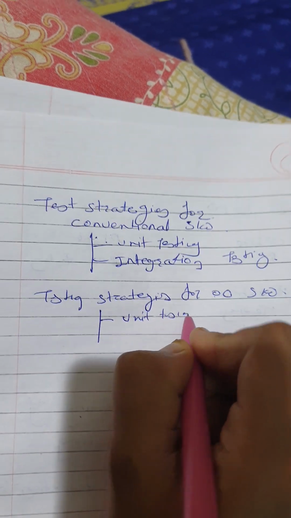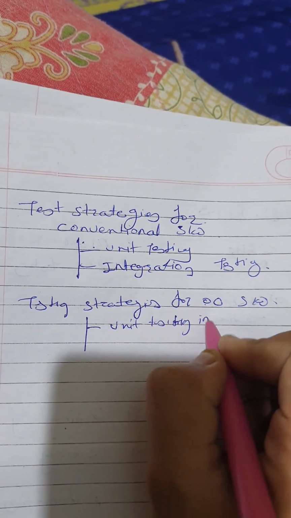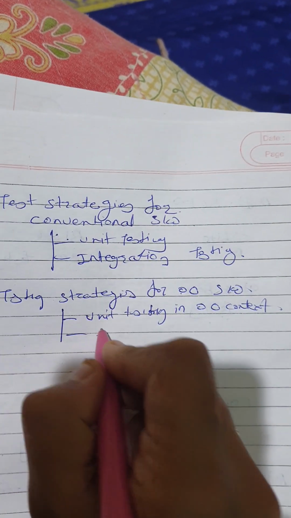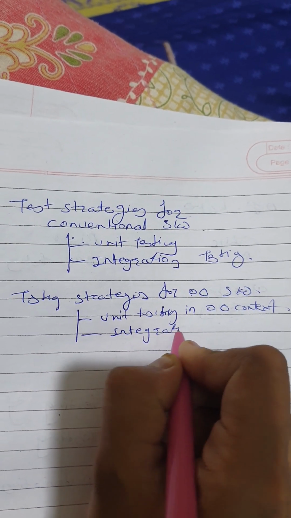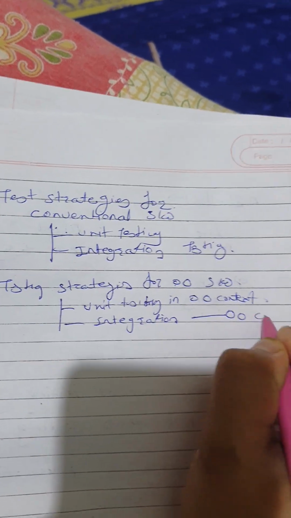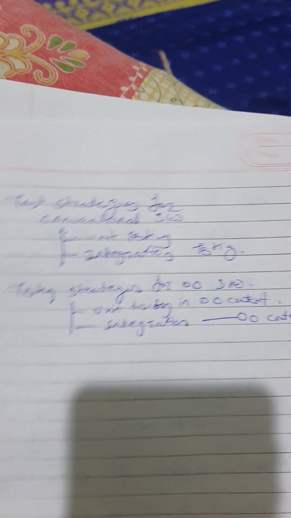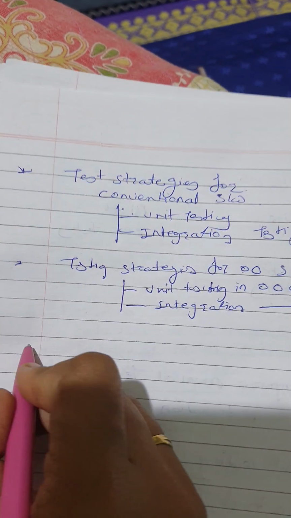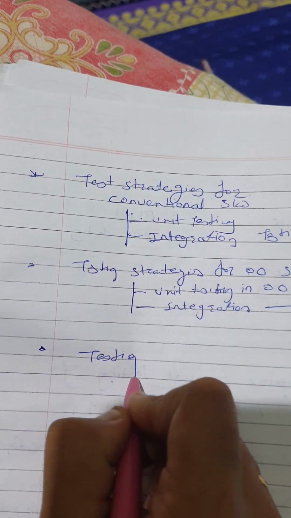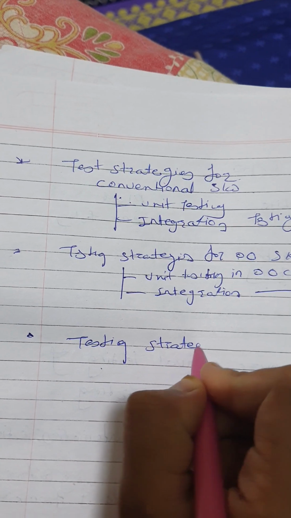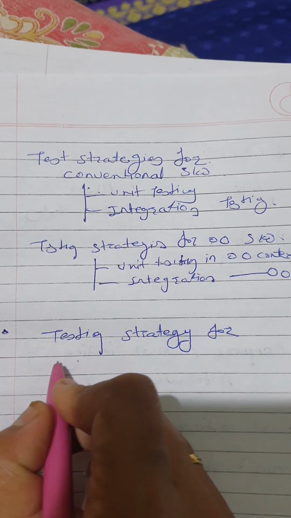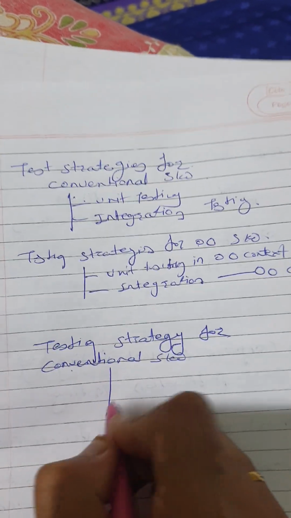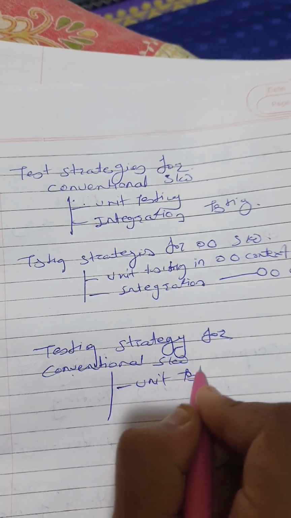For OO software it means unit testing in the object oriented context, and integration testing again in the object oriented context. Now we will see the first point, testing strategy for conventional software, which means unit testing.